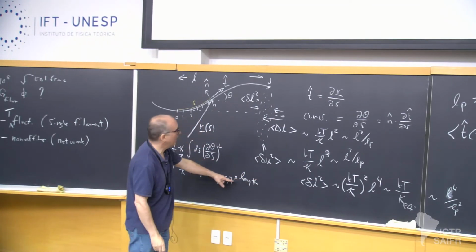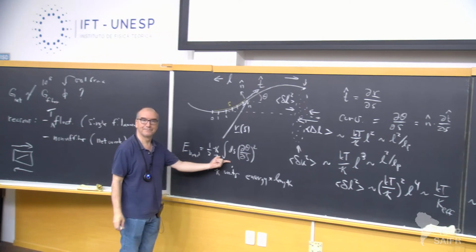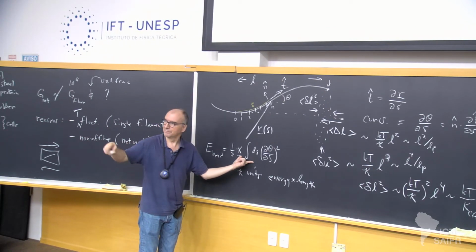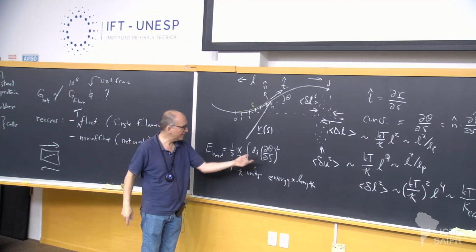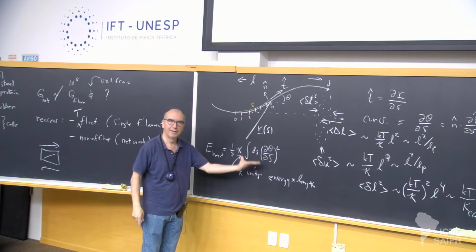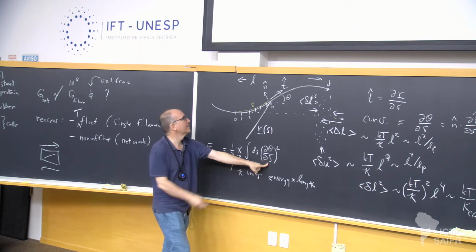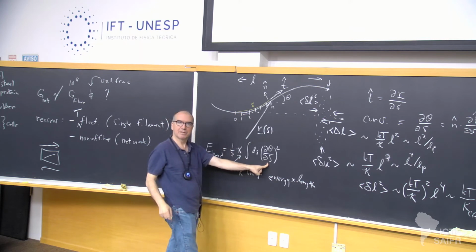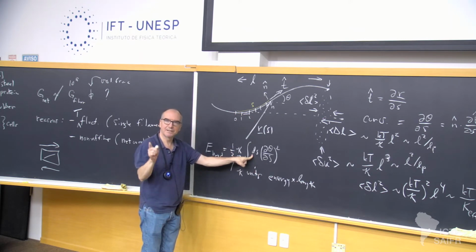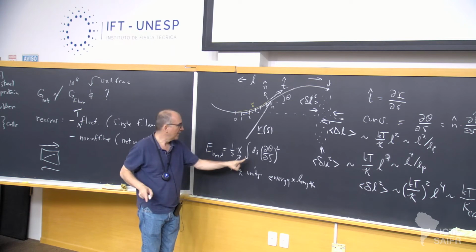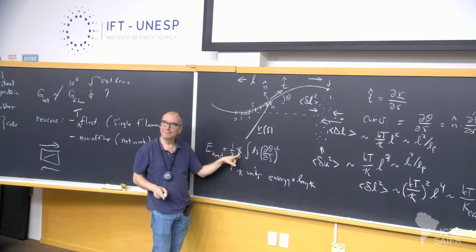Average delta theta squared I get directly from this energy. Once I do a discrete version of this, it becomes a sum of delta theta squared divided by delta S, the length of those segments, times delta S, summed up, times 1/2 kappa.